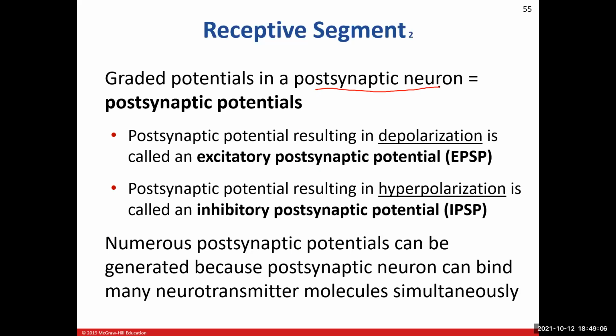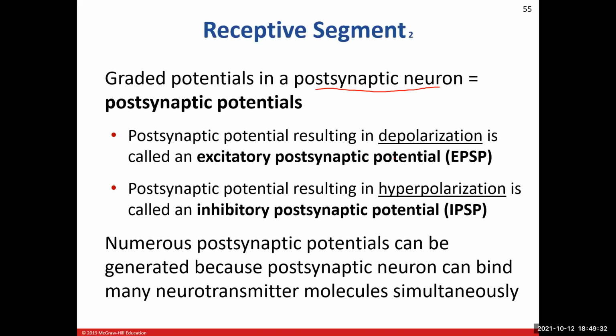So when we are talking about these graded potentials on the postsynaptic neuron, we refer to those as postsynaptic potentials. Remember, I told you there's two types. One causes depolarization, the other one causes hyperpolarization. The postsynaptic potential that causes depolarization, we call that an excitatory postsynaptic potential, or an EPSP for short.